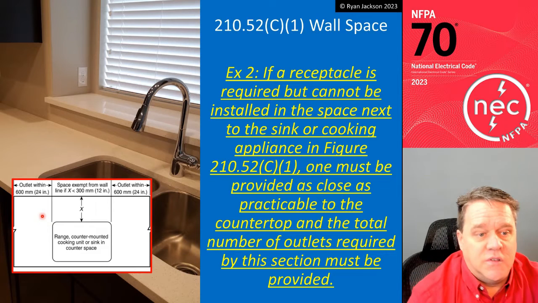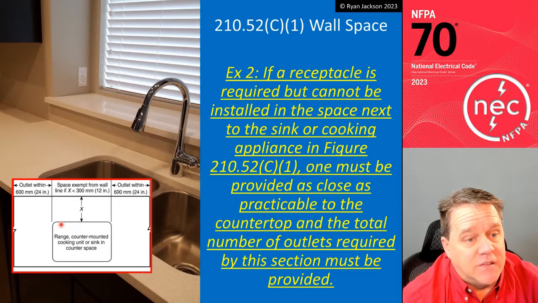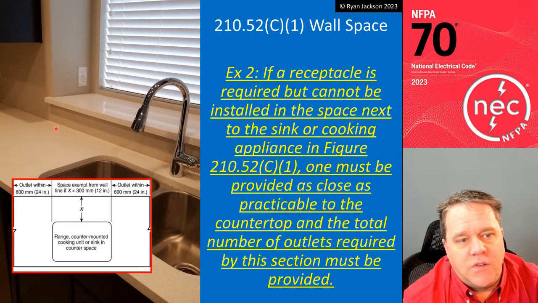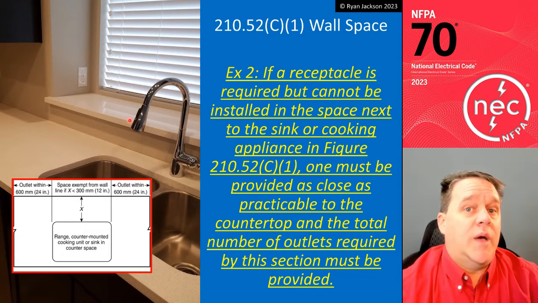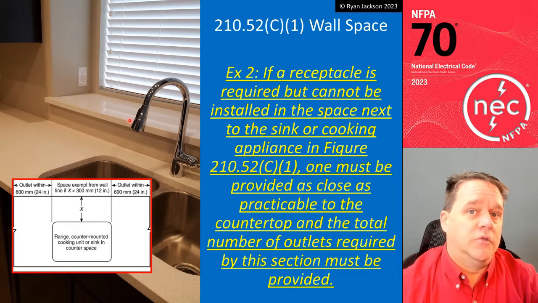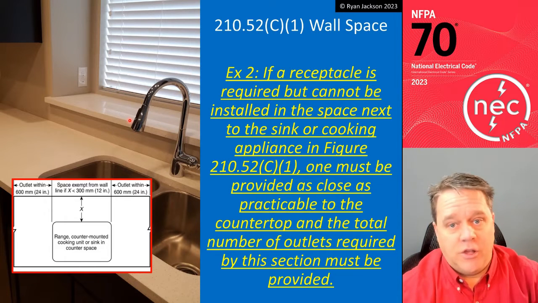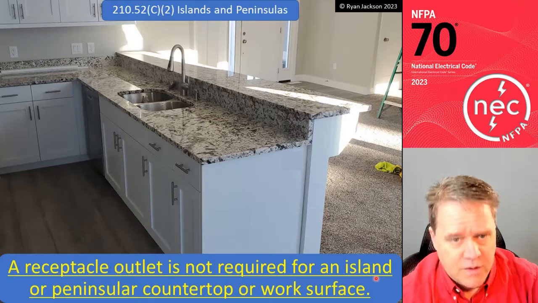This new exception says, hey, that might not always be feasible. And if that's the case, then just do your best, all right? Maybe you can't put one exactly within 2 feet. Just do your best. Make sure you have the number of receptacles that's required by the NEC. Put it as close as you can and call it good. I absolutely love that new exception.